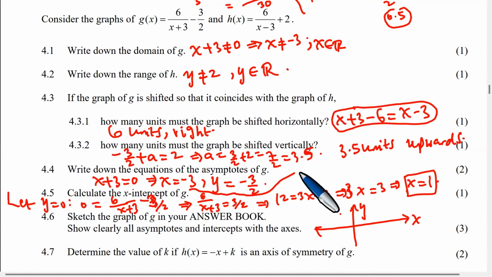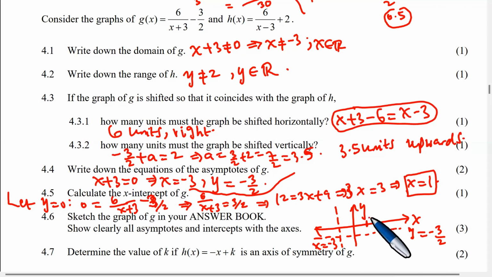So x is minus 3. Then you have your x-intercept. What is your x-intercept? It is 1, so it's going to cut at 1. But you also have y equals minus 1.5, so this one is y equals minus 3 over 2.